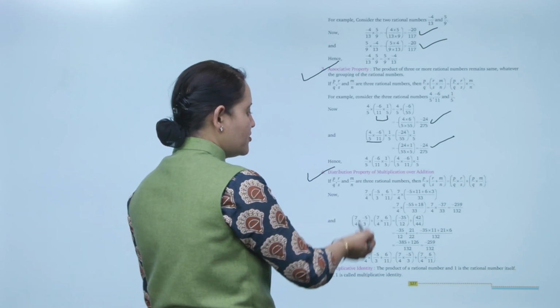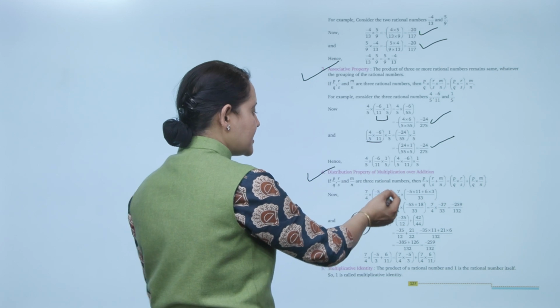7 by 4 into minus 5 upon 3 plus 6 upon 11.